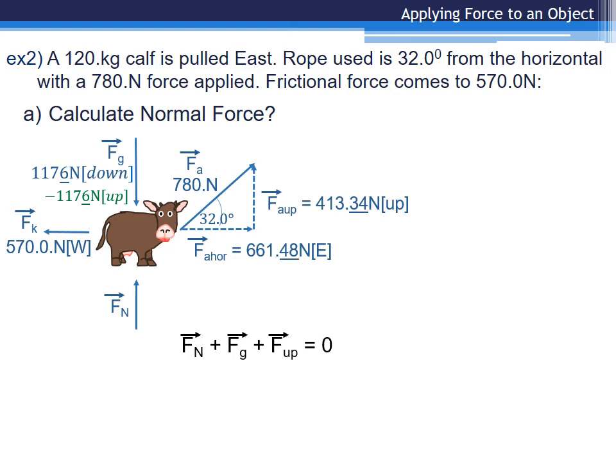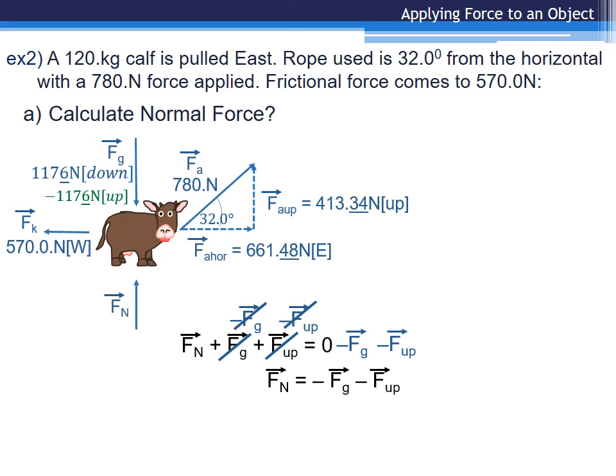I'm looking for Fn. I've already calculated Fg, and I've already calculated F up. So I have to get Fn by itself. I'm going to do that by subtracting Fg from both sides, so the Fg will cancel out. I'm going to subtract F up from both sides, so both F ups on the left-hand side will cancel out. So that means that Fn is equal to negative Fg subtract F up.